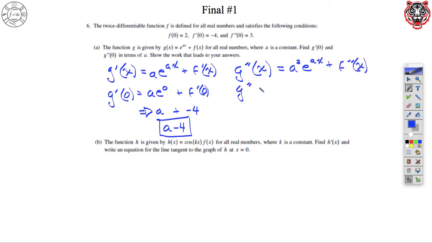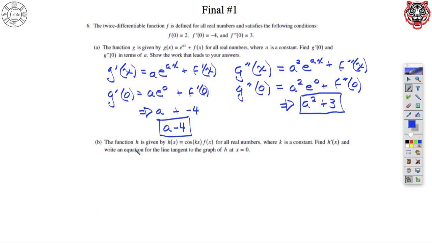And g double prime, when we plug in 0, is going to be a squared e to the power of 0 plus f double prime of 0, and that's going to turn into just a squared, and then f double prime is 3, so a squared plus 3.